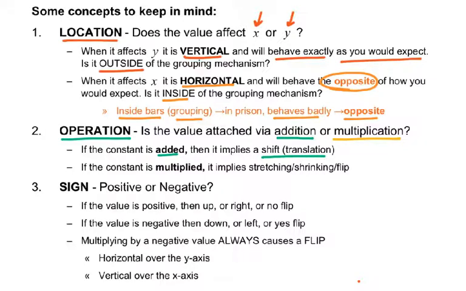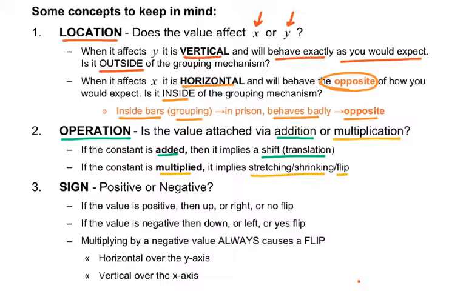That means we're going to pick the function up and move it up, down, left, or right. Whereas if it is multiplied, that implies a shrink or stretch, as well as the potential to flip. So addition means shift. Multiplying means stretching or shrinking, and/or a flip.